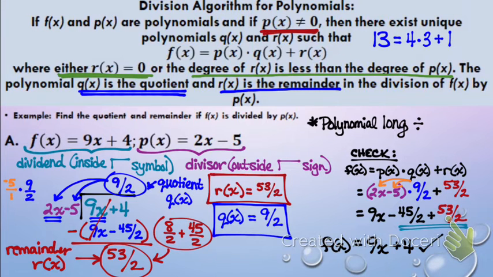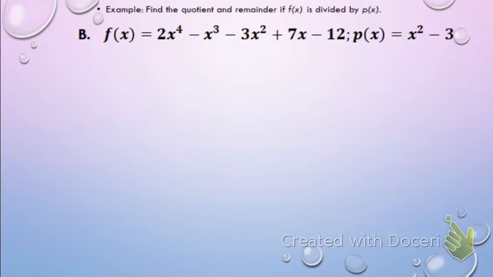Let's look at another example that I think gets more to your point. Let's look at this one right here, because here my divisor is not a linear polynomial. So I've got f of x, which is this big long piece here. This one goes inside. It's my dividend. Got this piece over here.